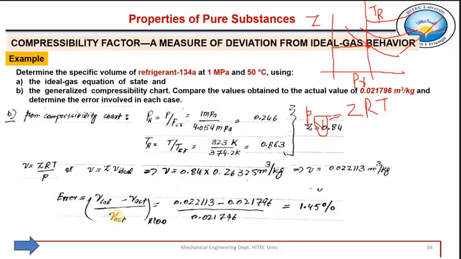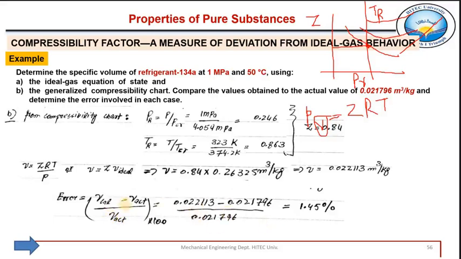To memorize whether it should be divided by V actual or V calculated: it should be V actual, because we are comparing with this value. This is the standard or reference value, so that value will come into the denominator.